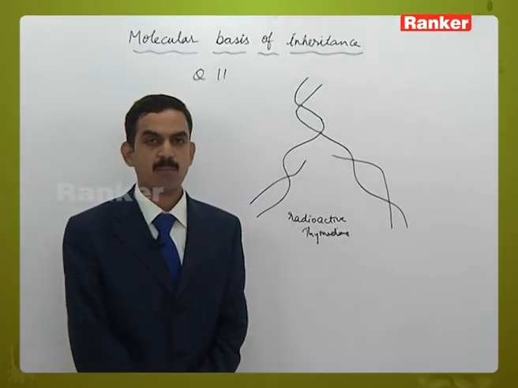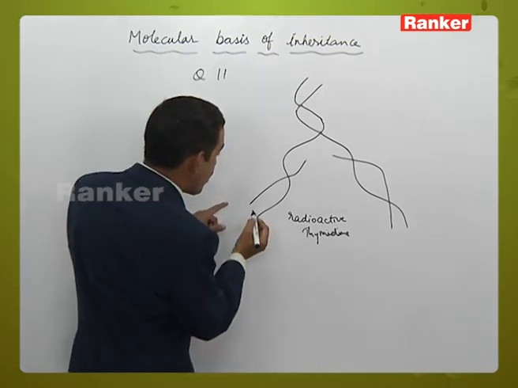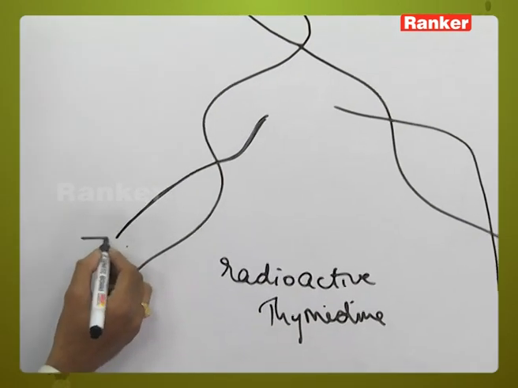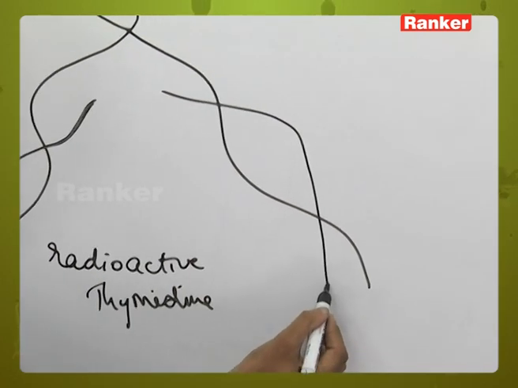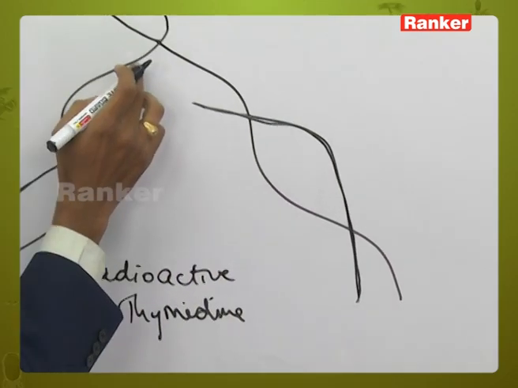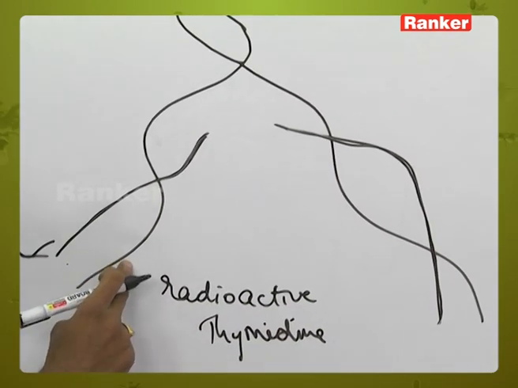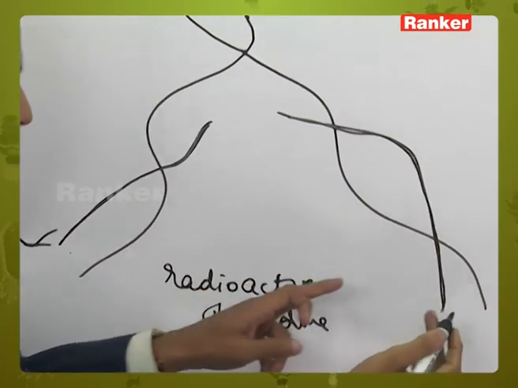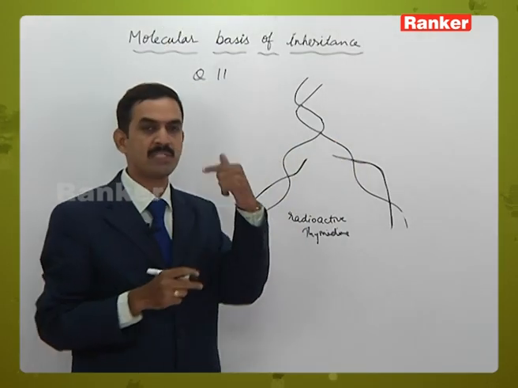Then what will be the correct number of DNA strands that contain non-radioactive thymidine? Radioactive thymidine is present in the new strand which is synthesized, this one which contains a radioactive thymidine here, and in this daughter DNA also this strand will contain radioactive thymidine, but each of the daughter DNAs contains one old strand. This does not contain radioactive thymidine because it already has thymine in it, and in this daughter DNA also this strand does not have the radioactive thymidine because it is coming from the parent.